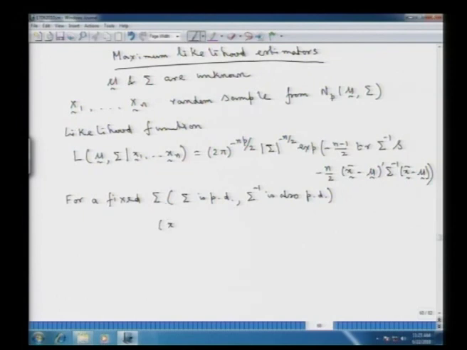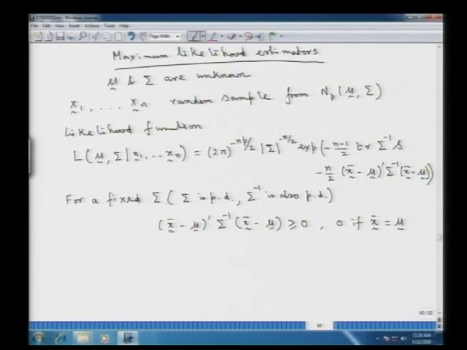So, what we will be having is, for that fixed sigma, x bar minus mu transpose sigma inverse x bar minus mu would be greater than or equal to 0. Why? Because sigma inverse is positive definite. So, this is greater than or equal to 0, and 0 if x bar is equal to mu only, because sigma is positive definite.